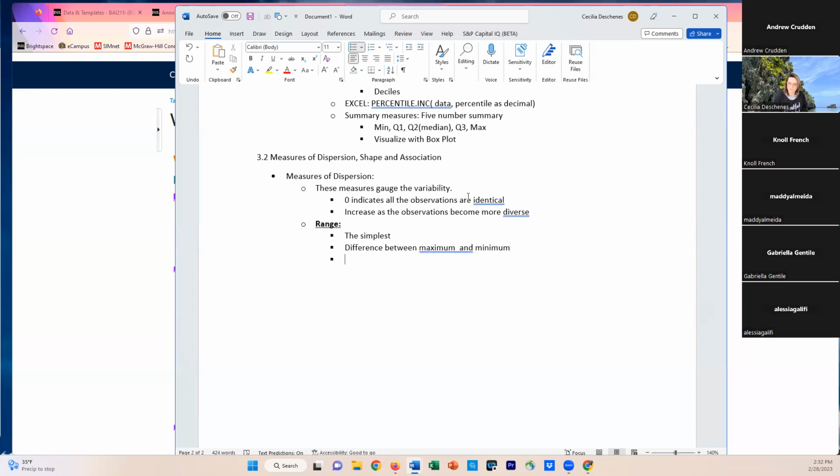One of the problems, besides that it has very little information, is that it's going to be very strongly affected by outliers. So it doesn't really tell you about what's going on in the middle. It focuses solely on extreme observations.